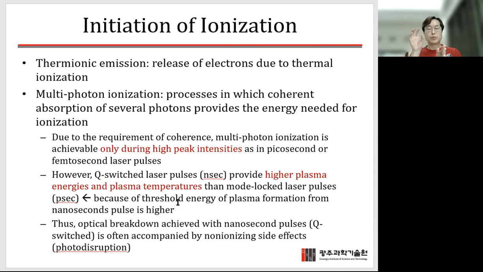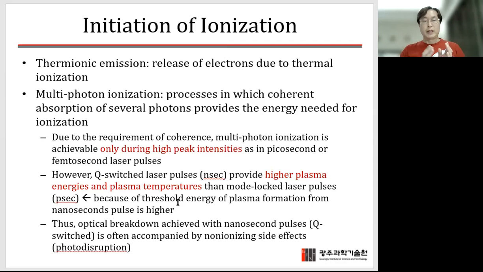However, to generate plasma with a longer pulse duration, you need a much higher power density. But with a very short pulse duration, picosecond or femtosecond, the threshold of the plasma generation energy is lower, so you can generate plasma with an even lower power density compared with the nanosecond laser.